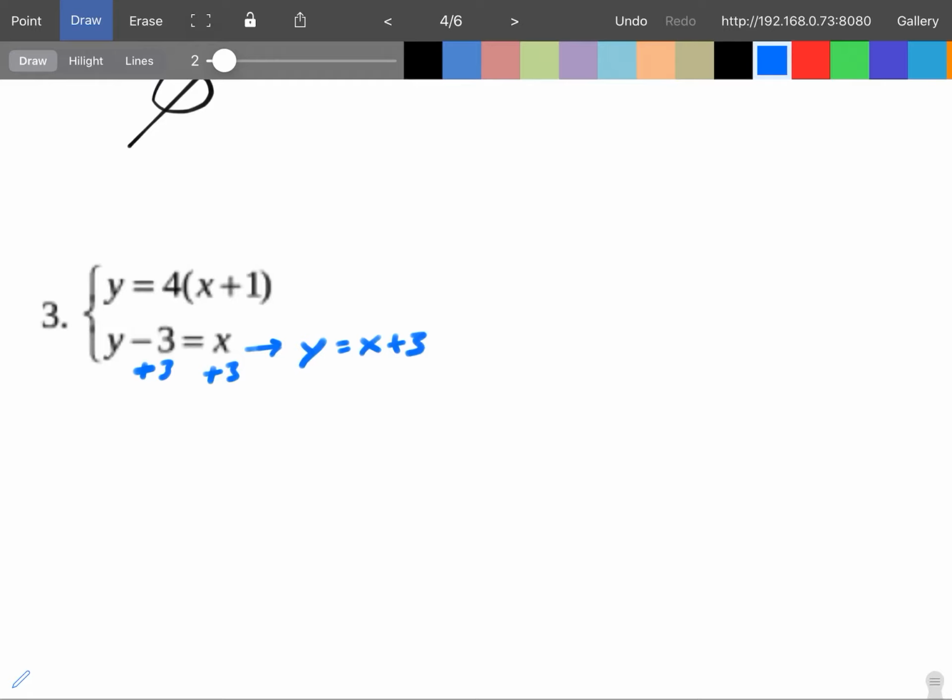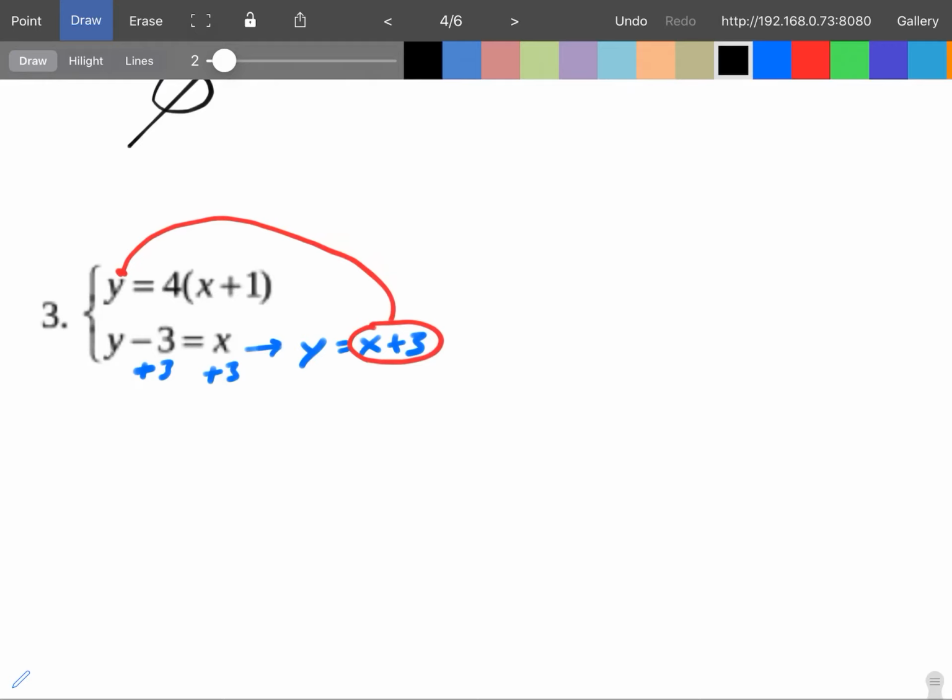And then I'm going to take that result and plug that in for y in the other equation right there. I think that'll work pretty well.